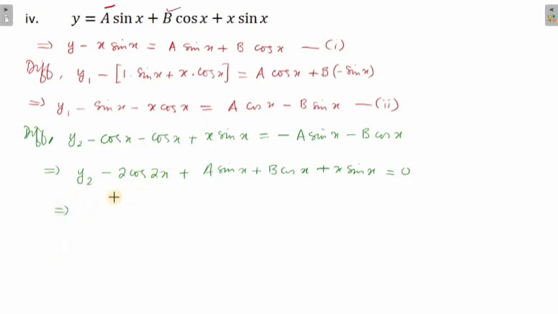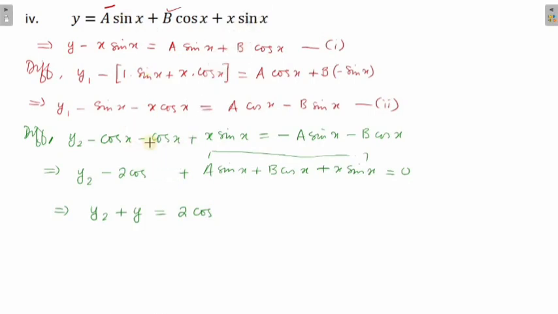Now just look at this. Here we have y2. Now how much is this? If you use equation 1, this is nothing but y. So in place of this I'm going to write y, so plus y is equal to, and when it goes over there it becomes 2 cos x. I'm sorry, this is not 2 cos 2, this is just 2 cos x.